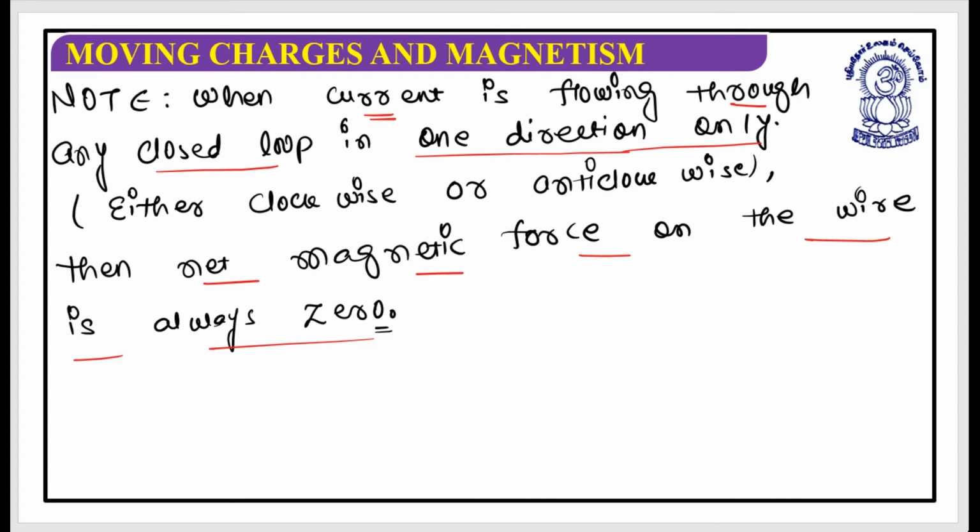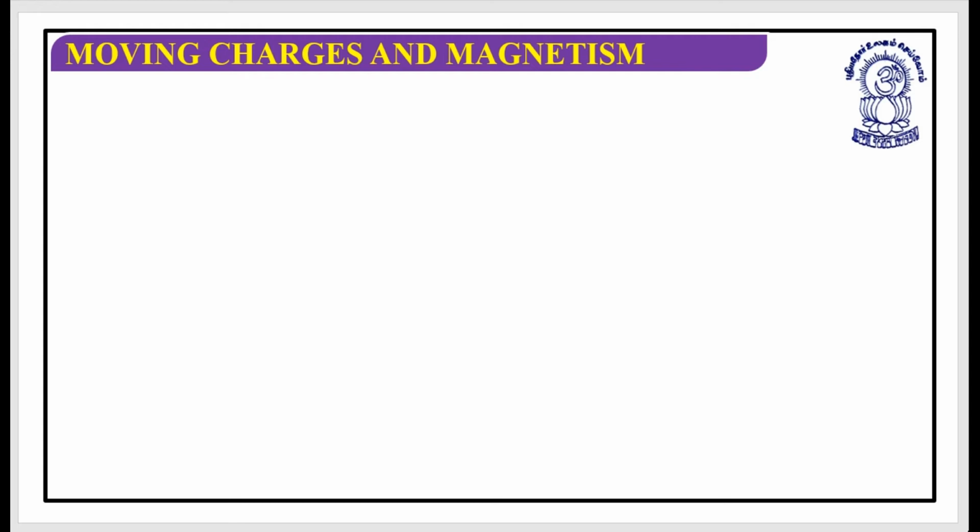Now let's have one very logical question on the ring, and this is one of the favorite questions of the examiners. They said that this is the magnetic field, and let's suppose you have made a ring. You have made this ring, and let me redraw it.